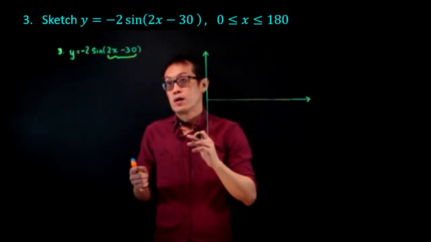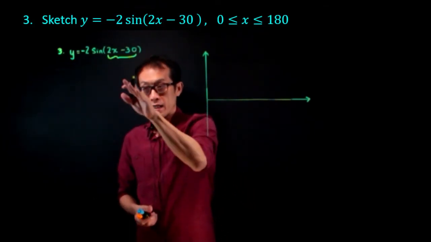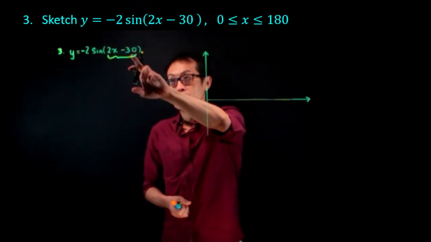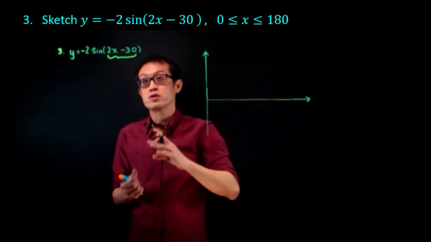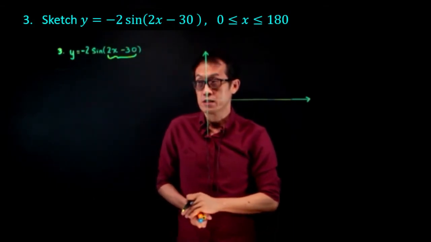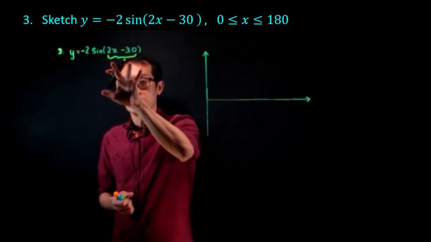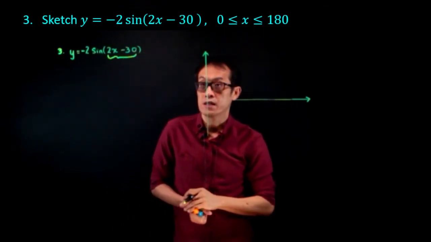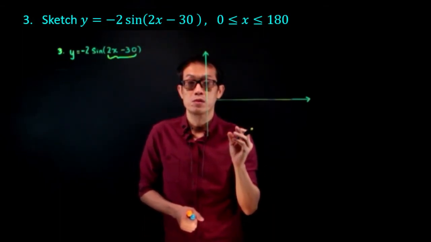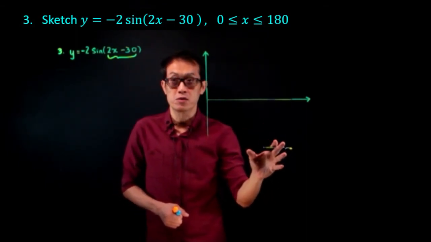Now, let's see how to do the x transformation, as to why we do the 30 first and things like that. But if you do the 2 first, you must do some modification to it. Now, personally, I prefer to do the 30 first. But let's look at what we learned earlier as in the transformation of x. The transformation for x is that for the same output, what values of x must we put into the new function for the same output?